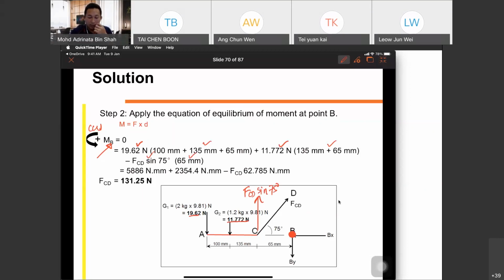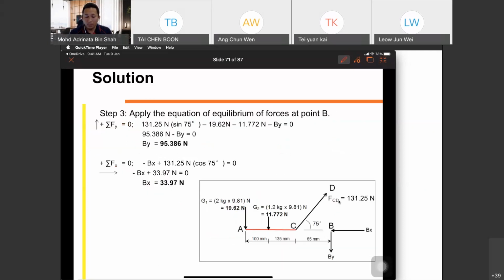FCD is negative because it is clockwise when fixed at B. So we can solve our FCD. With only one unknown, we can solve our FCD.